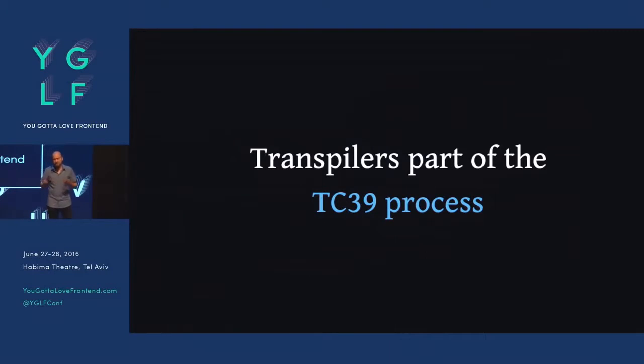We have a much better standardization process like that, right? Actually, the technical committee, TC39, which oversees the codification of ECMAScript, explicitly mentions transpilers as part of this process of creating standards. It's already part of the process.